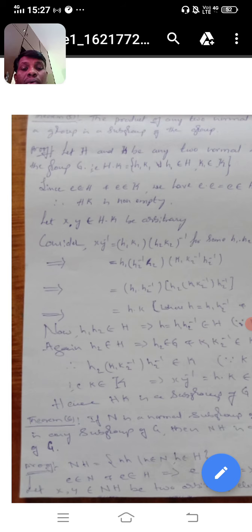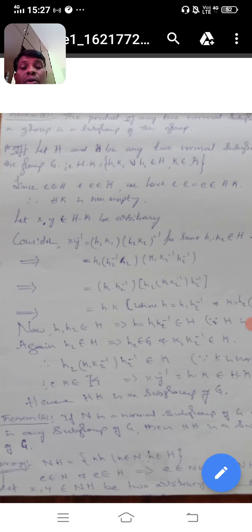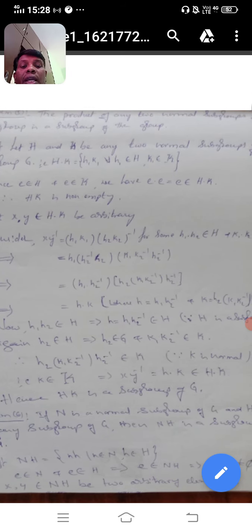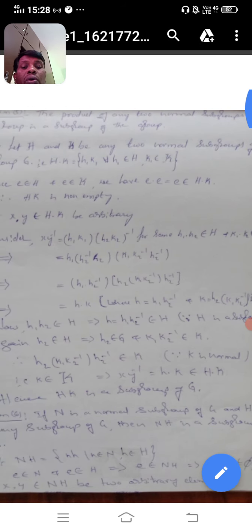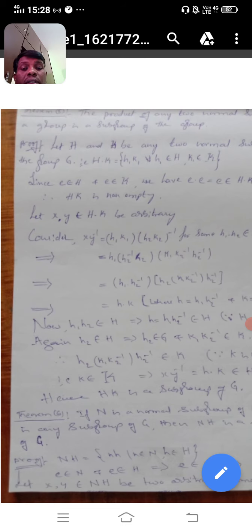Consider x into y inverse. That is equal to, where x is h1 into k1 and y means h2 into k2, so y inverse is k2 inverse into h2 inverse, for some h1, h2 belongs to H and k1, k2 belongs to K. So that is h1 into k1 into k2 inverse into h2 inverse, which is h1 into h2 inverse into h2 into k1 into k2 inverse into h2 inverse.